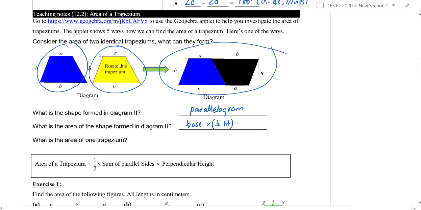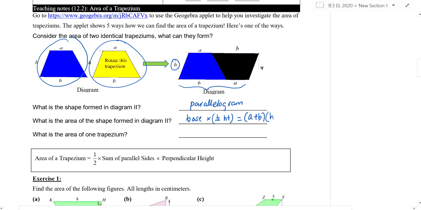Now, what exactly is the base over here? In this parallelogram, our base is A plus B. And our perpendicular height is shown over here to be H. This H is also the same H over here.